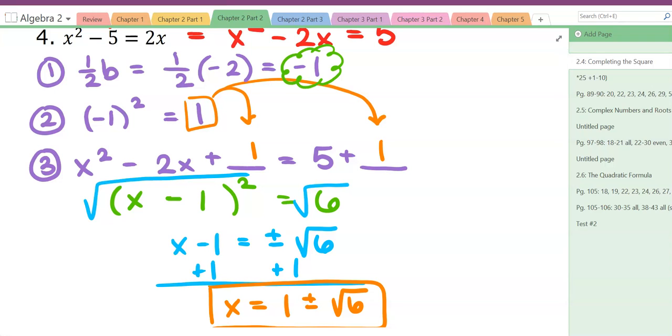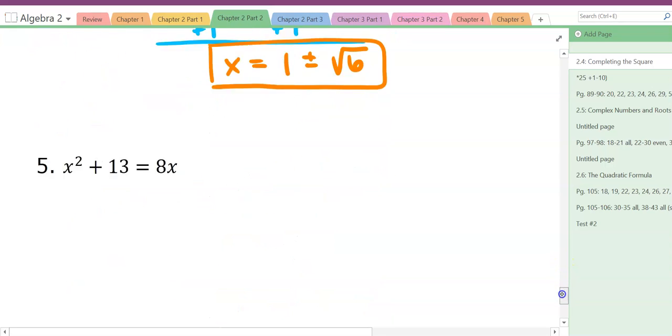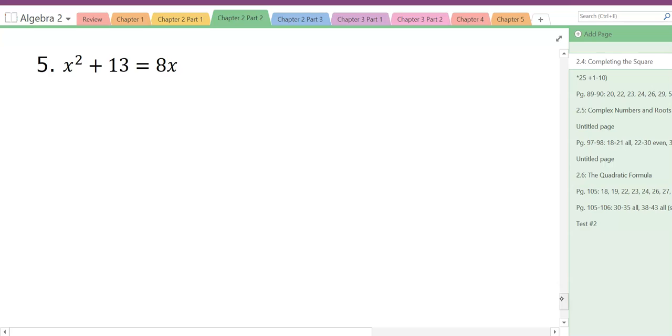All right, there is one more here in your guys' packet for this section. I'm going to rewrite it for you guys first, and then I'm going to give you guys a couple minutes to do the whole thing. Just like that last one, you need to switch the 13 and the 8x around. They need to switch places.